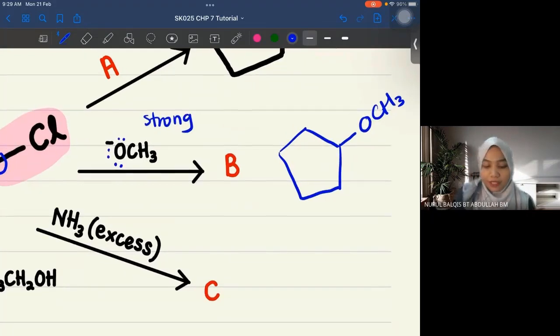Could you please tell me the classes of compound that you have formed in B? Apa class of compound kita sekarang? When you have this group? Recall the functional group, kita ada COC. To which classes of compound do they belong to? COC.